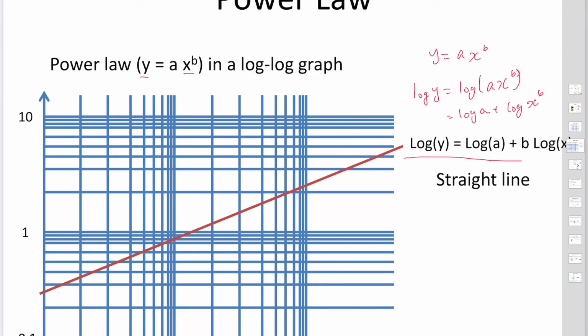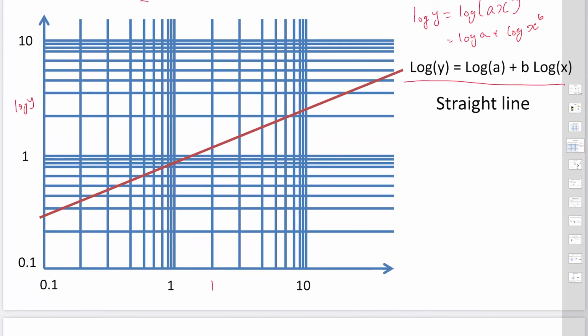So now it becomes log y equals log a plus b log x. So if you choose the vertical axis as log y and the horizontal axis as log x, the data lie on a straight line. So by plotting the data on a log-log graph, if the two quantities are related by a power law, we could discover such a law from the observational data.